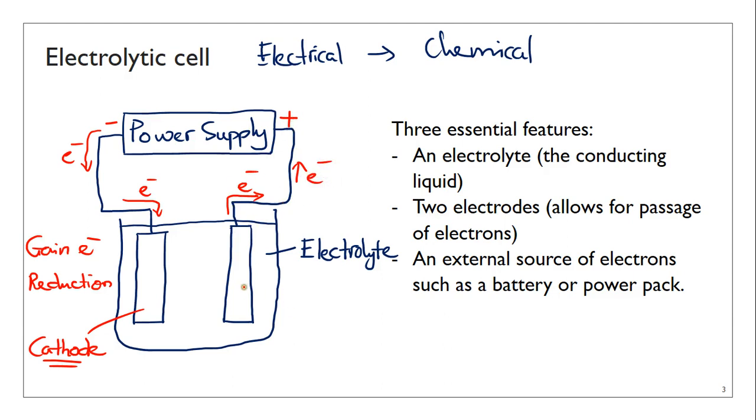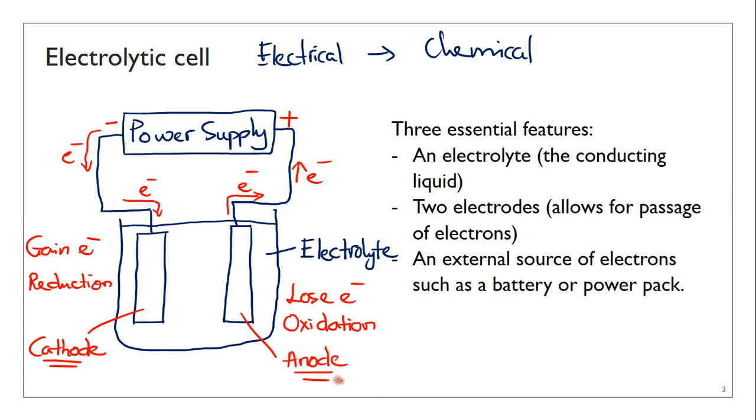So this electrode is losing electrons and oxidation must be happening on this electrode. I'm not saying that the electrode itself is losing electrons. We'll talk about that. That's like a whole other thing. But the process of losing electrons is happening on the surface of this electrode. So this is going to be your anode.